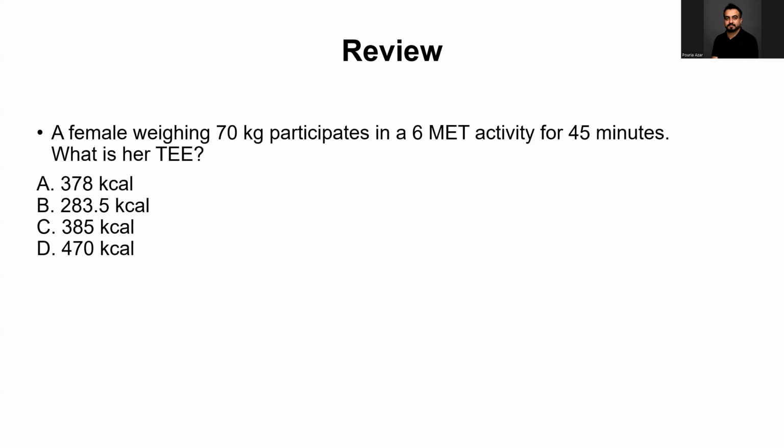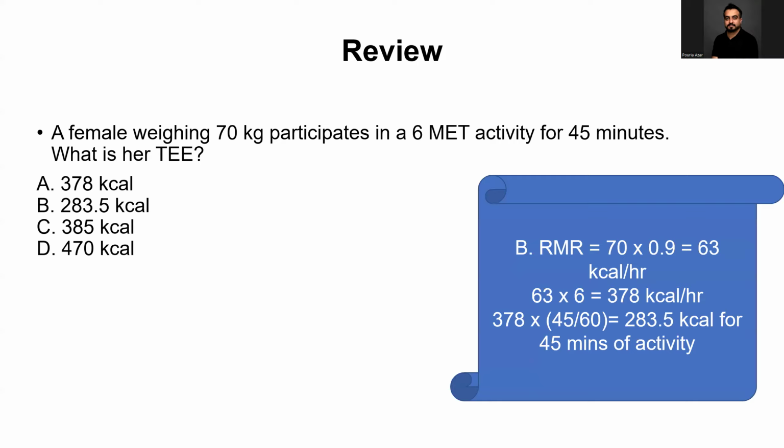And here, a female weighing 70 kilograms participates in a 6 MET activity for 45 minutes. What's her total energy expenditure? You can pause the video and try on your own and then watch the video. So let's do this together.